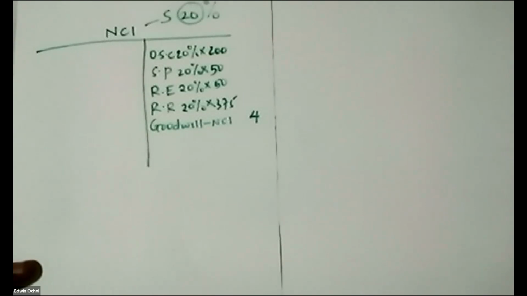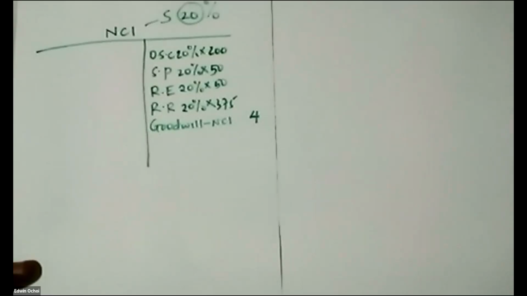The one going to the NCI was 4. The one attributable to the parent was 16. Do you remember that? Yes. So that one you record direct.